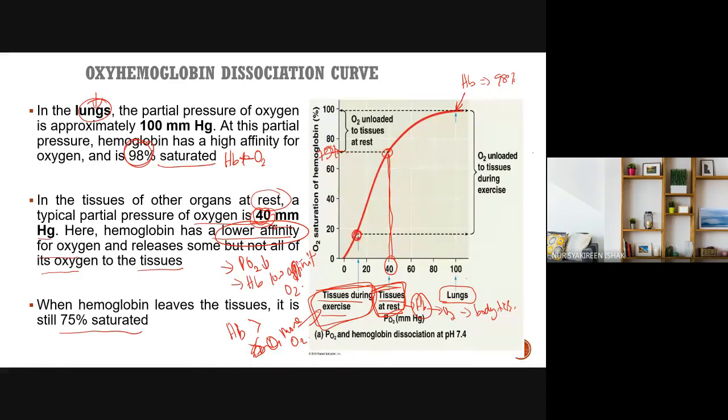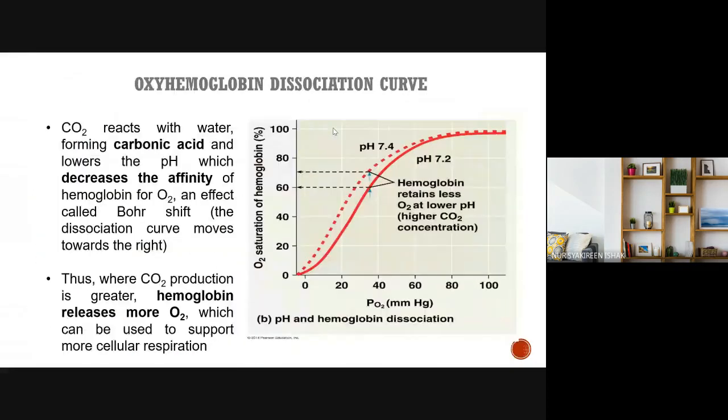So when you are exercising, your body tissue requires more oxygen. So bila hemoglobin tu keluar daripada blood vessels coming from your body tissue, it is about 20% saturated with oxygen. Okay, so dia kena pergi balik ke lung lah to be loaded with more oxygen.